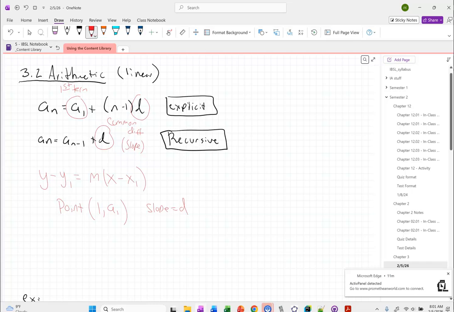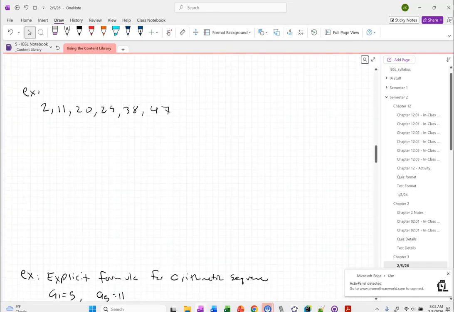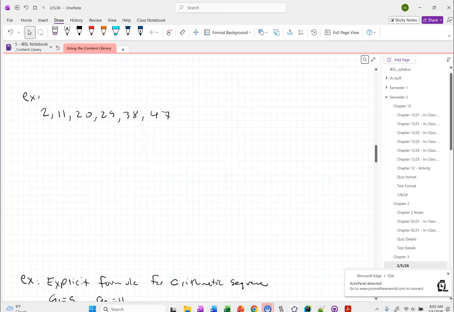You see that is really the same thing. So we'll use that at some point. All right, let's say that we have this sequence of terms and we're asked to write the explicit and recursive formulas for this sequence.